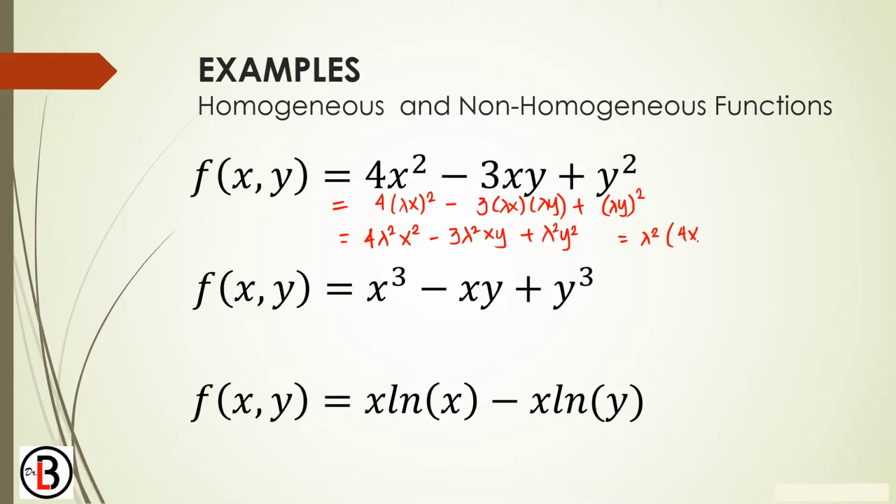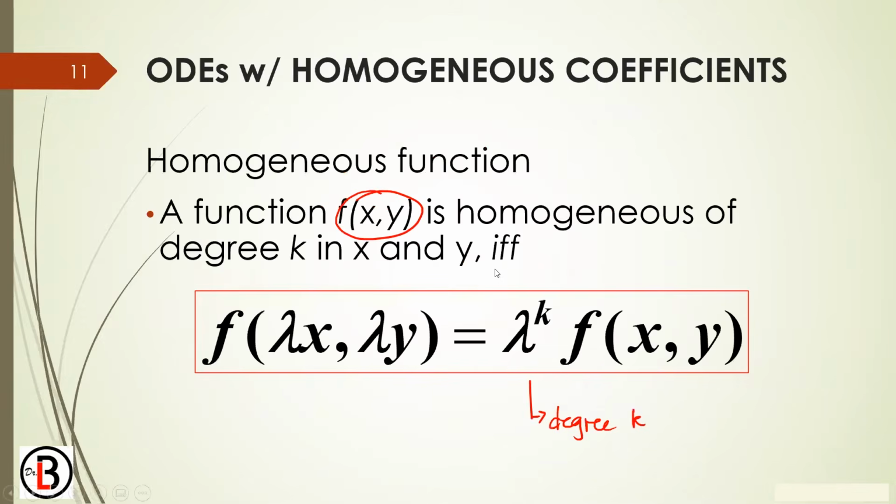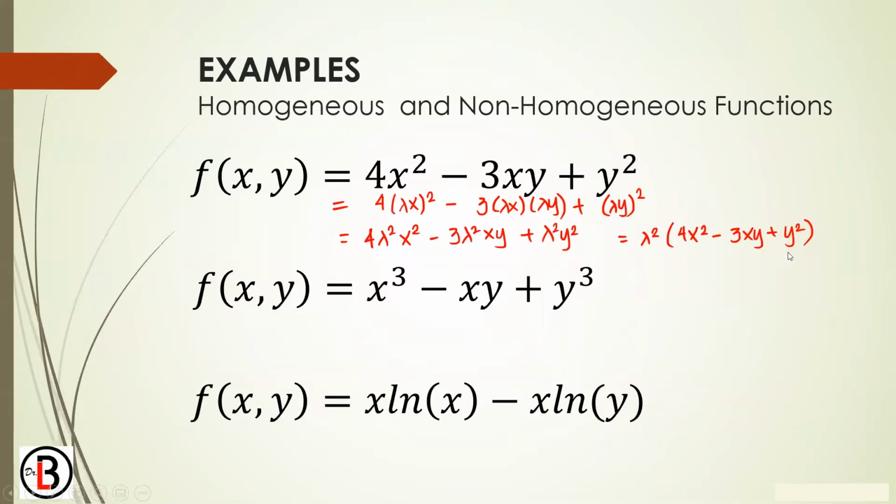I'm left with 4x squared minus 3xy plus y squared. Isn't it, guys, that one of the conditions is that you can fully get back the original function of x, y? Isn't it that this one, the one in the red ink, is similar to the original problem? So that means this one is homogeneous with degree 2.